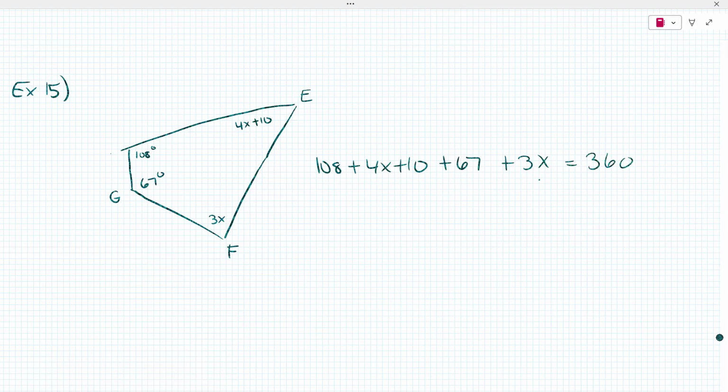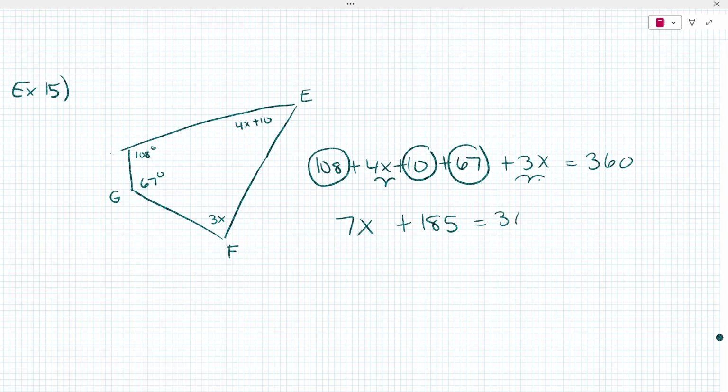Okay, so I'm going to combine like terms. 4x plus 3x is 7x. 108 plus 10 plus 67 is 185. So 7x plus 185 equals 360.